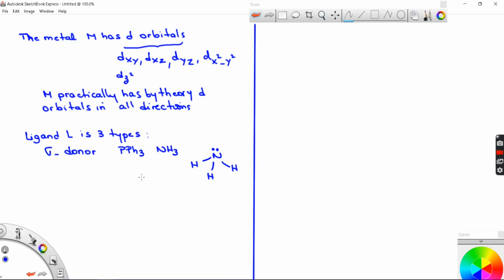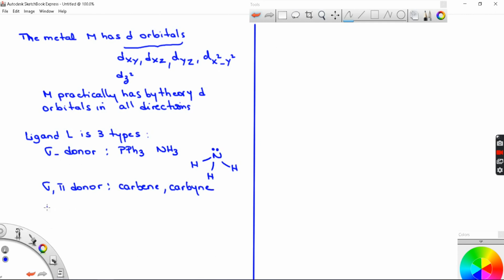We have ligands which are sigma and pi donors, like carbene and carbide, which will be explained in an independent chapter.